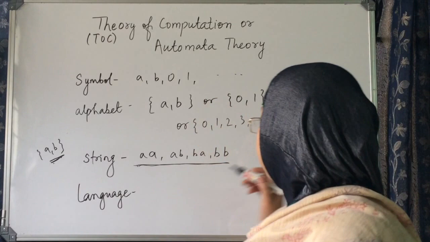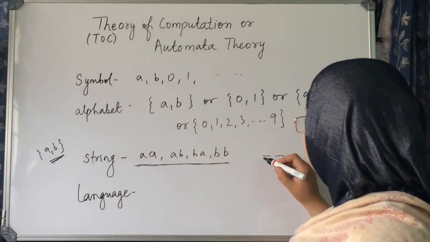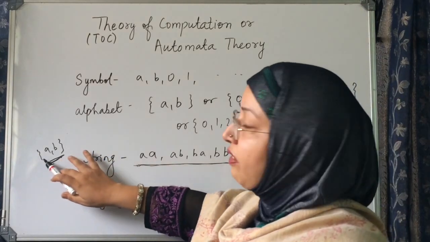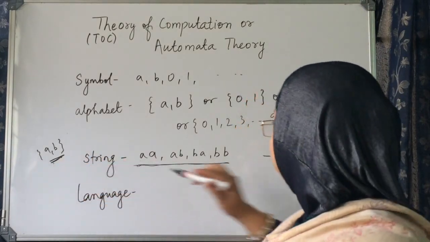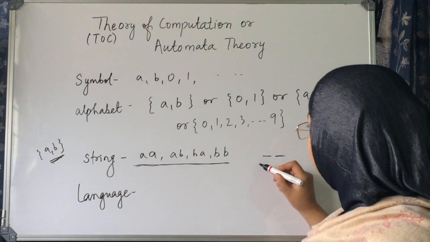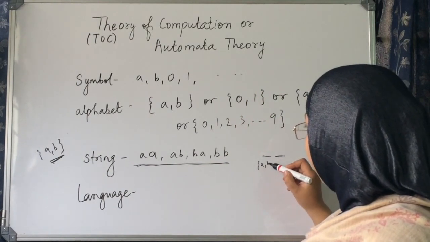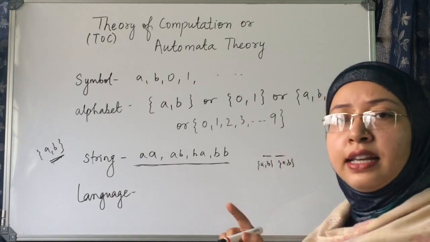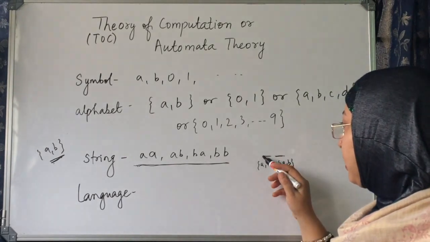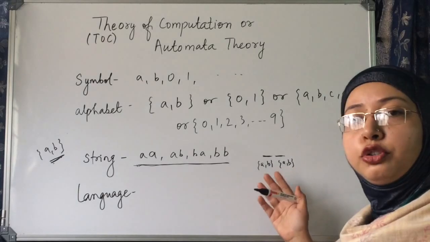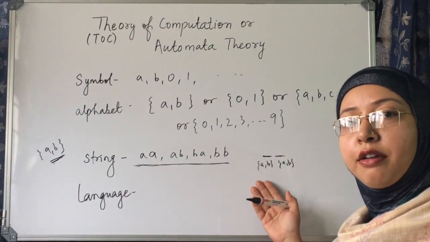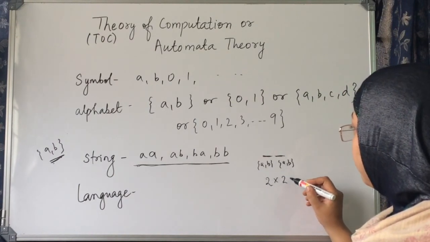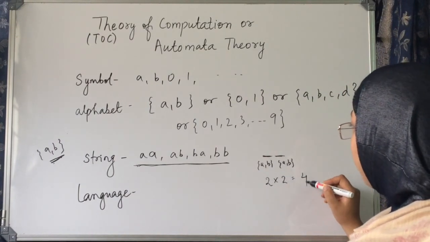So you have length 2, and in your alphabet there are 2 symbols. Each position can be occupied by either A or B. It means for each position you have 2 options, so 2 into 2, which is 4.